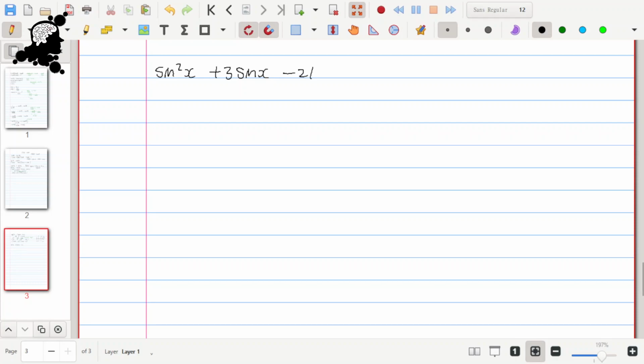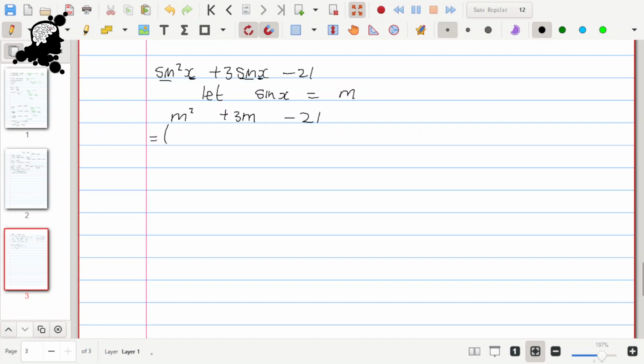Right, once again, since I've got sine squared, sine x and sine x here, how about I let sine x equal something like m this time around? Technically, you can use any variable as long as it's not the same as the angle that we have in our trig ratio. So I'm going to have here m squared plus 3m minus 21.